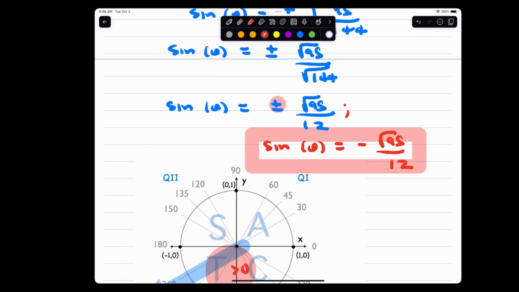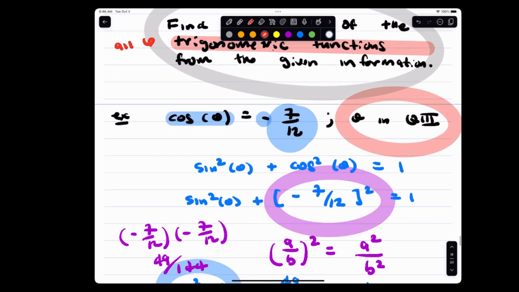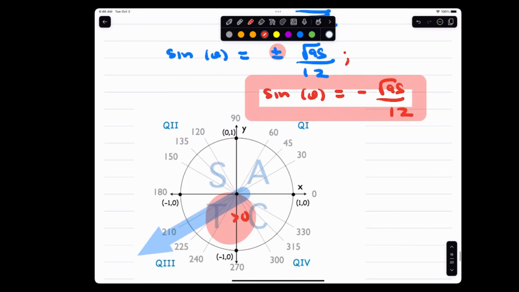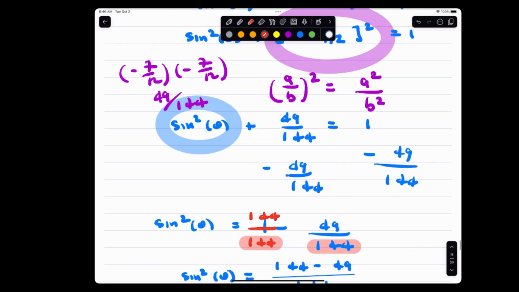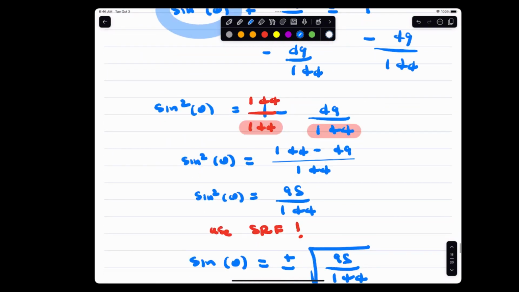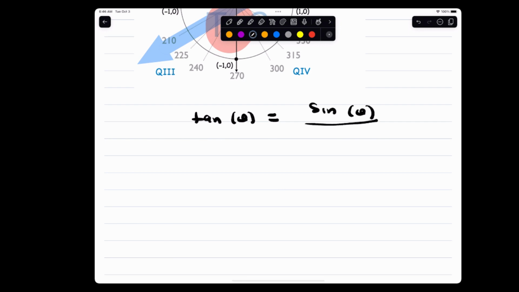Okay, and I think I'm going to leave it at that. But I guess no, we can do the rest, but let's get tangent and then we'll leave it at that. So we got sine, we have cosine that was given to us. The question is going to be, what about tangent? So if we go back and remember this one identity, right? What do you guys remember about tangent? Tangent is sine over cosine. Let's go back here.